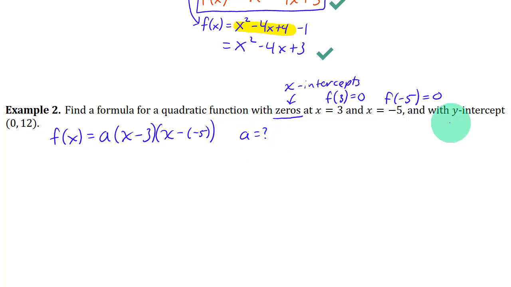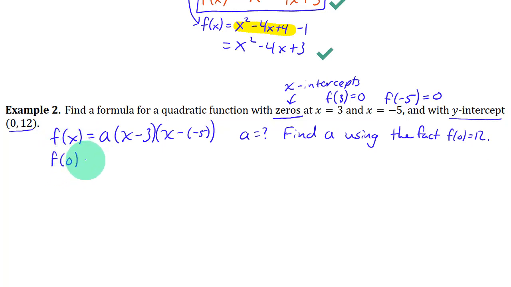Well, there's other information we haven't used yet. When they say the y-intercept is (0, 12), we haven't used that yet. So we're going to find a using the fact that f of 0 equals 12. Let's plug in x equals 0 here, which is going to be a times (0 minus 3) times (0 minus -5), which is 0 plus 5.